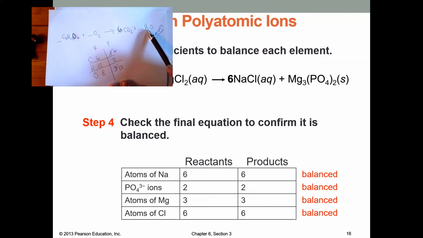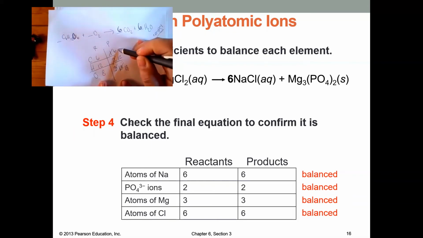So I'm going to take 12, divide it by 2, that gives me 6. That goes there. So now my hydrogens are balanced at 12, but because I now have 6 here, it changed my total number of oxygens. So I'm no longer 13. In this case, I am 6 times 2, so 12 plus 6. That gives me 18 total oxygens.